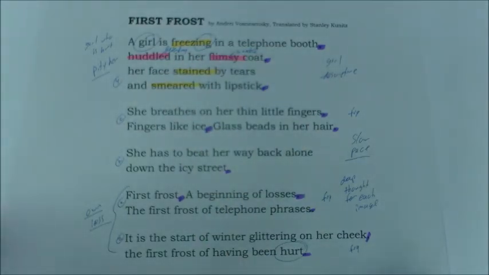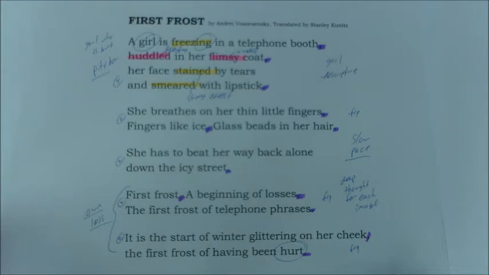Both of these imply that the face isn't exactly as it was meant to be, that staining is when you add color to something, and smeared is when lipstick is not put on in a good way. And I think these are meant to highlight the emotional effect.